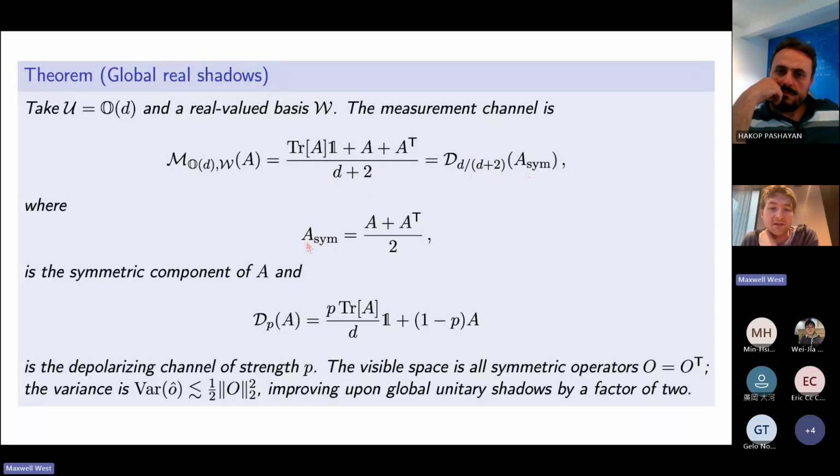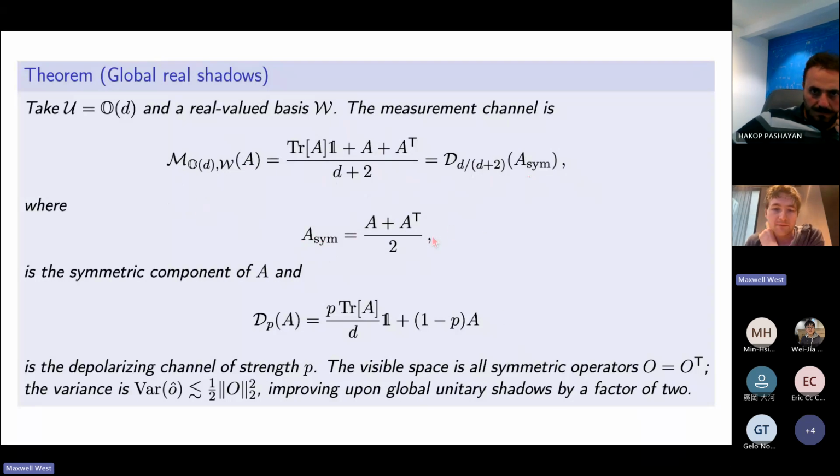So in particular, if A is anti-symmetric, oh, I'm sorry, again, transpose is basis dependent, right? We've fixed a basis. So if A is anti-symmetric with respect to this basis, then the channel just annihilates it. So then it's not in the visible space, which is the image of the channel.